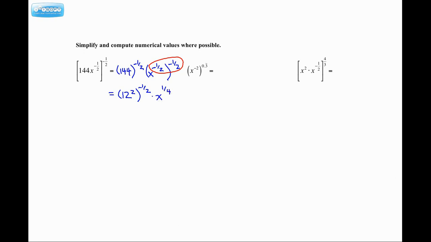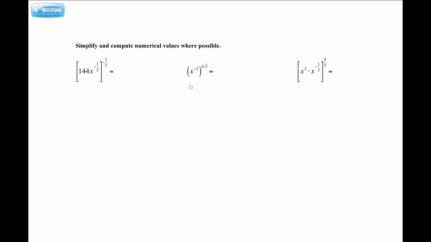I can multiply these now. So 2 times negative 1 over 2, the 2's cancel, so I get 12 to the negative 1 times x to the 1/4. And of course I can write this as x to the 1/4 over 12 to the 1, or just 12.